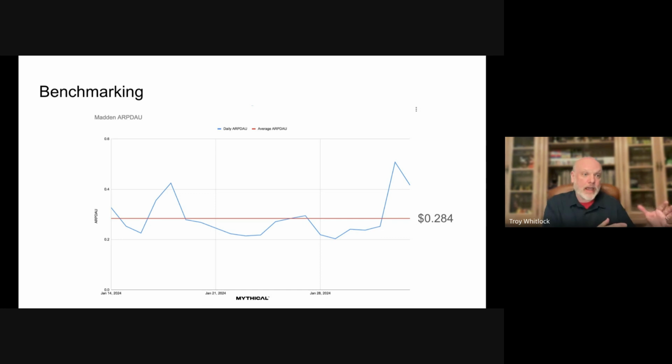So you could say, here's my existing cohort and what their ARPDAU is. Here's game A that has a similar battle pass feature to mine, and here's game B that's got a similar event system to mine. You can then average those together with a weighting to figure out, well, I think 10% of my audience is going to be super fans, and 90% of my audience is going to come for the events.